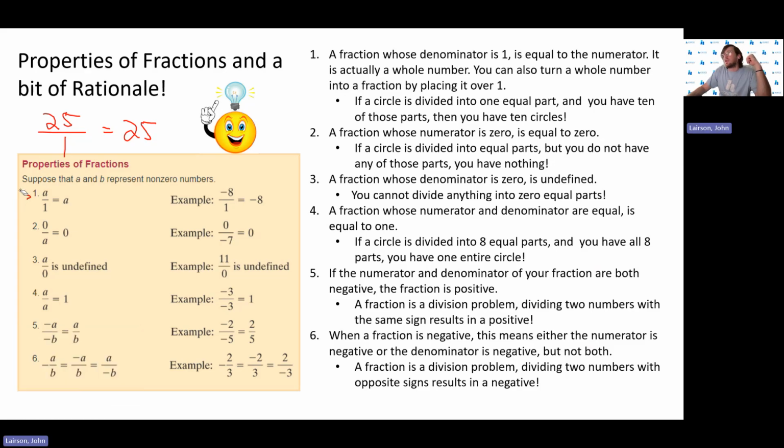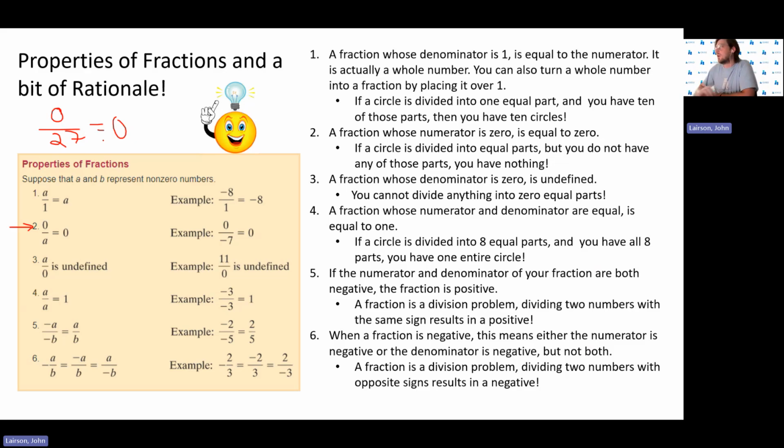The next part here is when the numerator, when the top, is 0. Number 2. This is always equal to 0, no matter what the bottom is. 0 over 27, that's always 0. And we can think about this in terms of how we define what a fraction is, right?